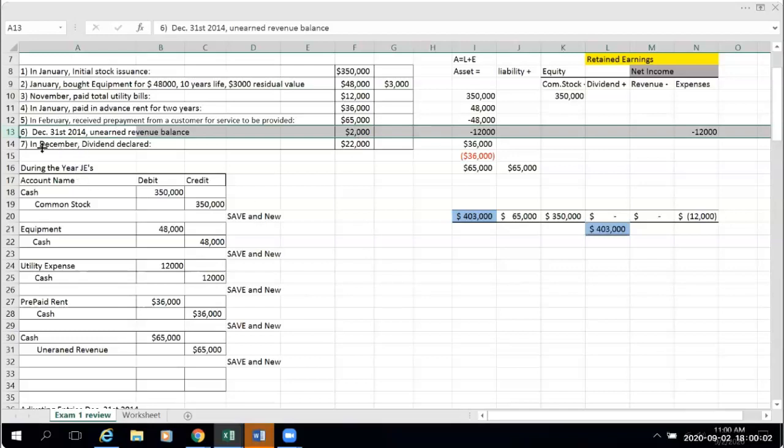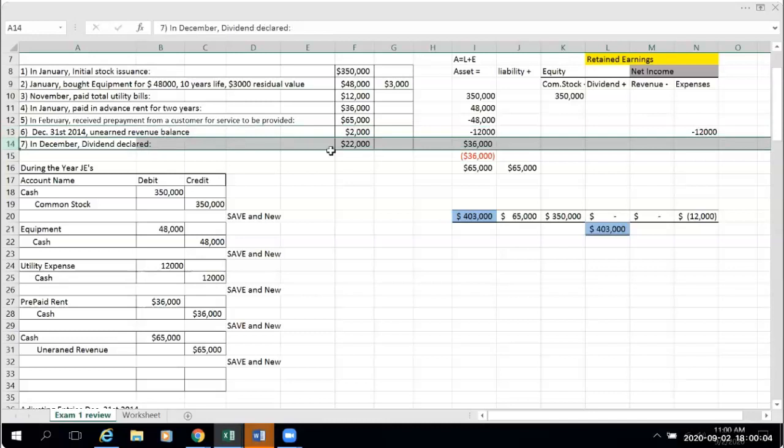Let's go to number 7. In number 7, it says that in December, the board of directors declared a dividend to shareholders of $22,000 total. So everyone, based on the number of shares they have, gets a dividend. Like I have a portfolio of, let's say, a few companies' stock, and every quarter I get dividends from most of those stocks.